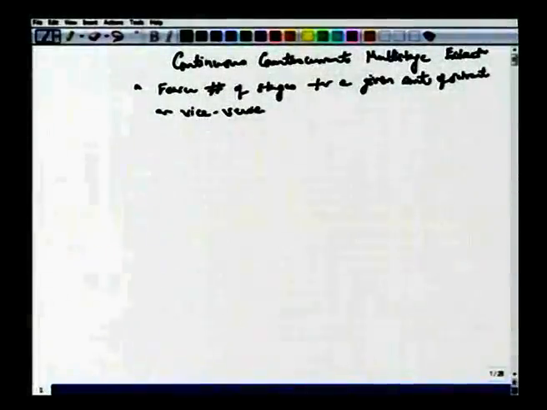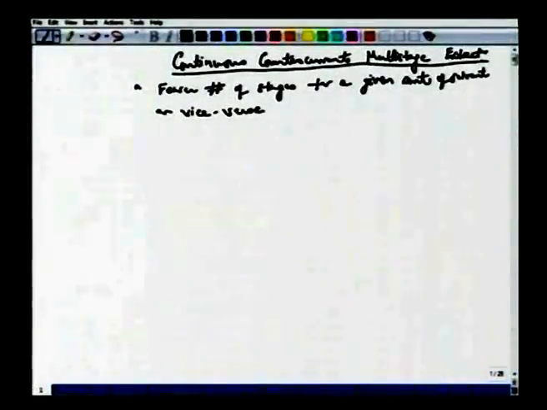All right, we'll come back and take this example on continuous countercurrent multi-stage extractor and cross current extractor later in the class. All right. So, what is the approach here?